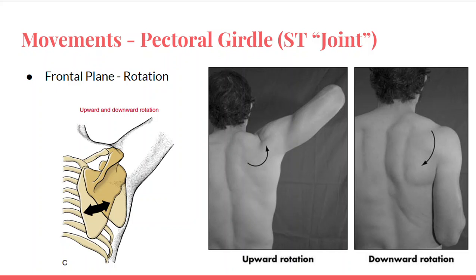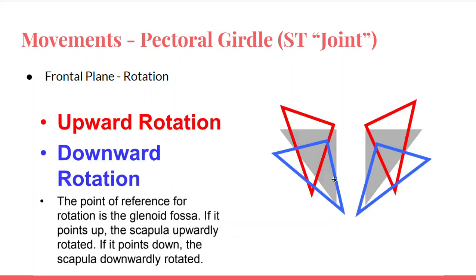So frontal plane rotation, if you will, is called upward and downward rotation of the scapula. If you abduct your glenohumeral joint, your scapula will rotate up, so your humerus is still in line with the glenoid fossa of the scapula. In a drawing, the gray is the original position of our scapula.